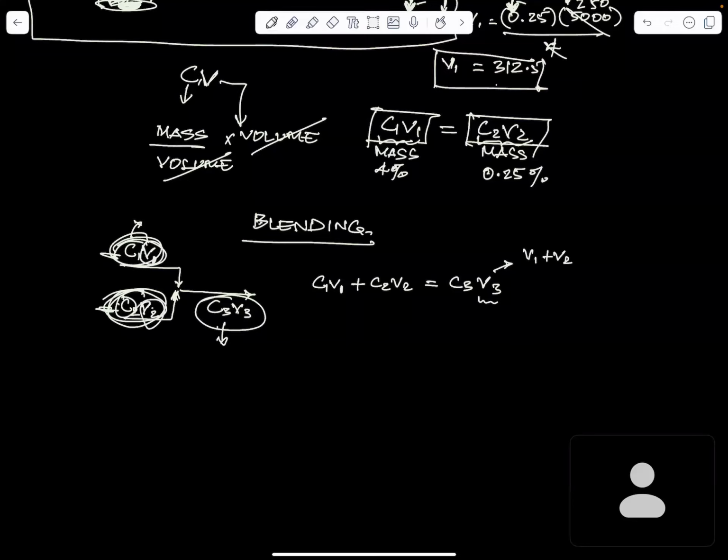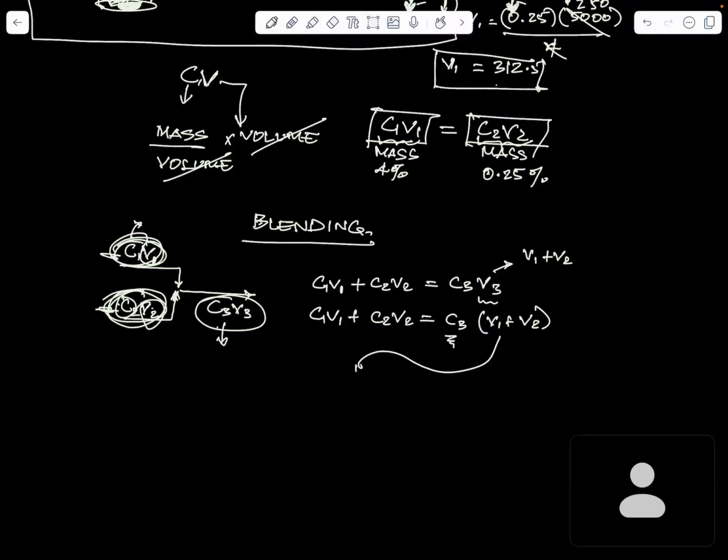So C1V1 plus C2V2 is equal to C3 multiplied by V1 plus V2. If I want to find the concentration C3, I just bring this down, and it becomes C1V1 plus C2V2 divided by V1 plus V2 is equal to C3.